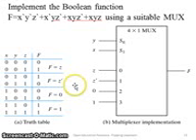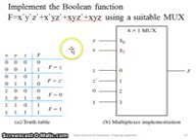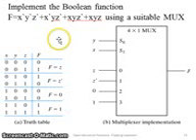In a similar way, a Boolean expression can be realized using a suitable mux. As we can see, there are only 3 variables, x, y, z, so a 4:1 mux would be an appropriate choice. Let us write the truth table corresponding to this logic expression. There are 4 high states.